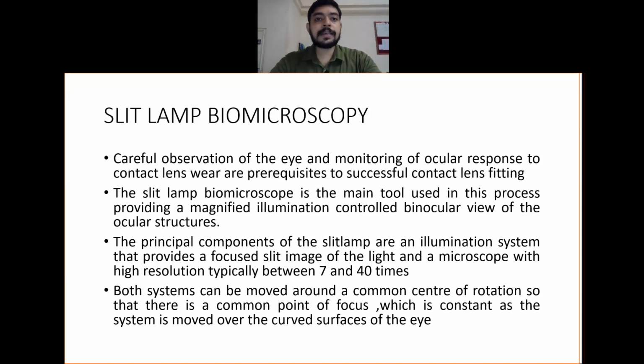So over here, even if we rotate or move the illumination system from the observation system, or move the observation or illumination system separately, still the point where the observation system focuses and where the illumination system focuses will be at a common point. Because of this reason, we call this system a coaxial system.